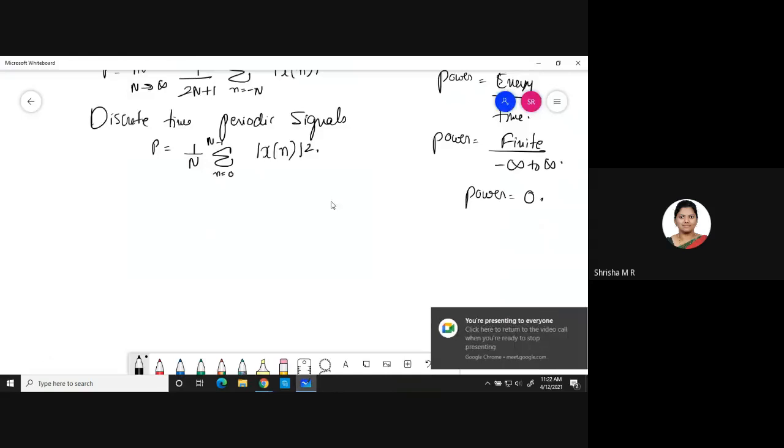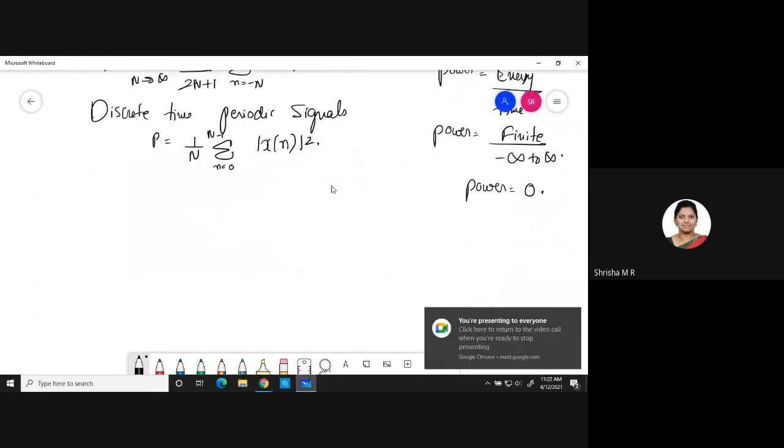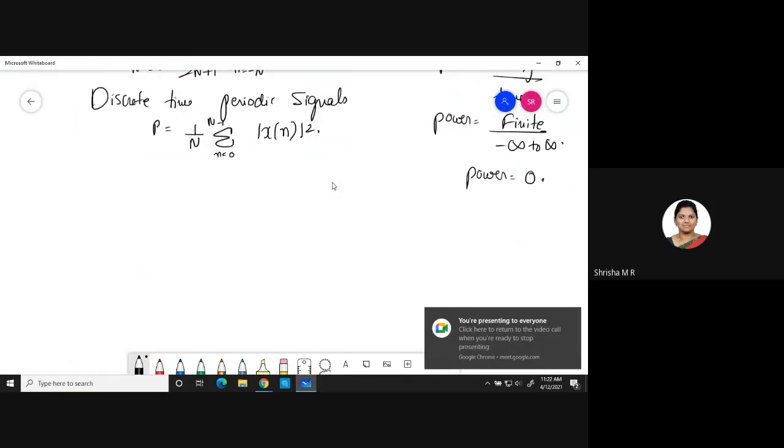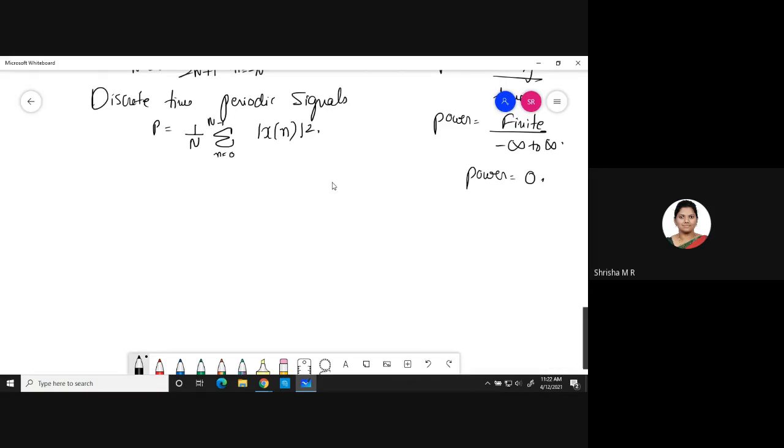When we solve problems, you'll get an idea. So first we shall see a problem. You identify which type of signal it is. X of n is equal to 1 by 2 to the power of n into u of n.